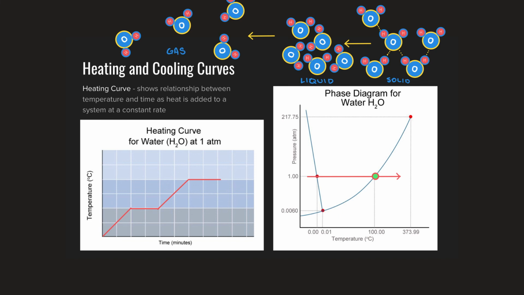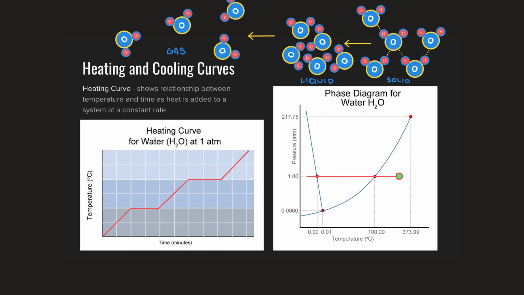So again, we're increasing the potential energy of those particles by pulling them further apart as we transition from liquid phase to gas phase. And once we're in the gas phase all the way, then we could expect to see increases in the temperature of our vapor as we add more energy to the system. So we get this kind of staircase diagram for the heating curve of our system.